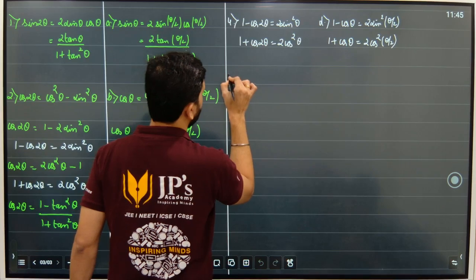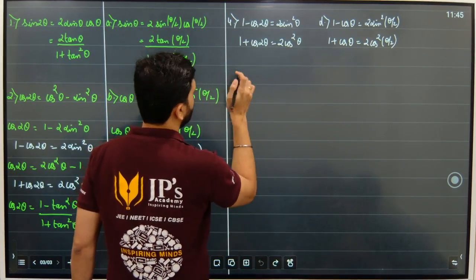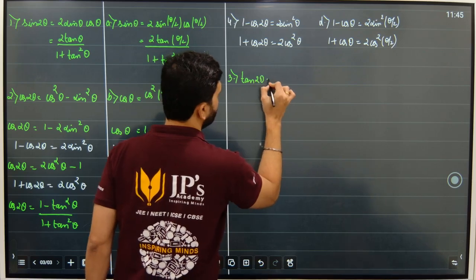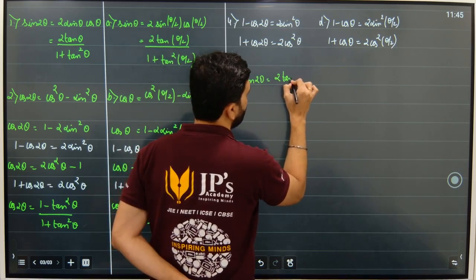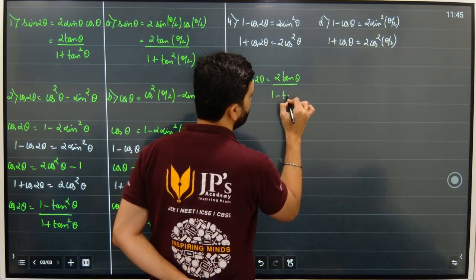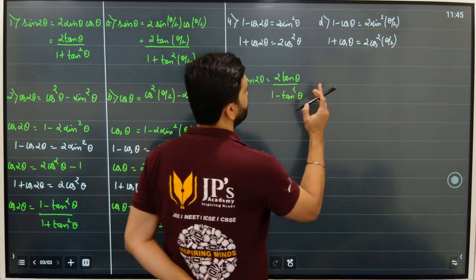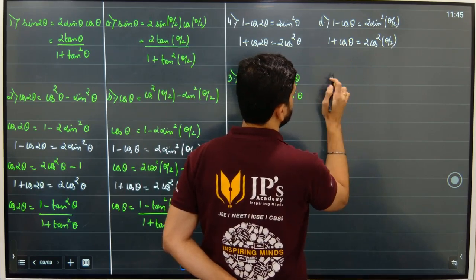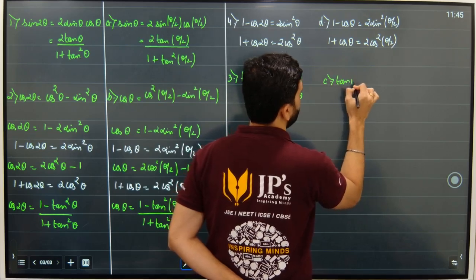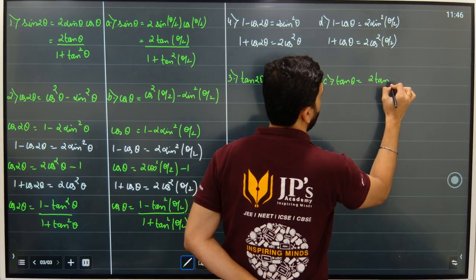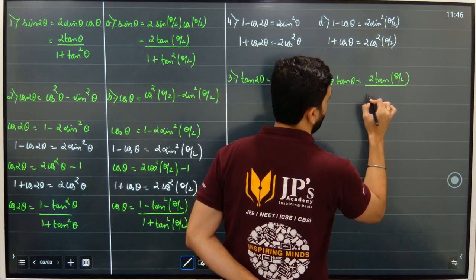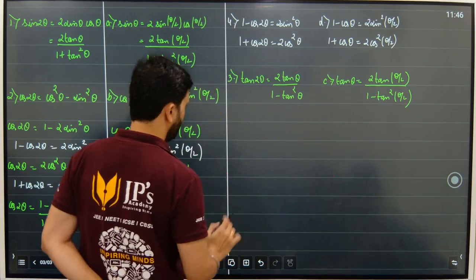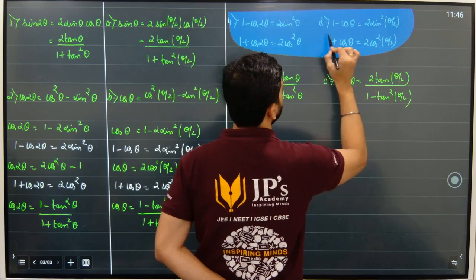The third set of formulas where I will write tan 2 theta is equal to 2 tan theta upon 1 minus tan square theta, and the C part is going to be tan theta is equal to 2 tan theta by 2 upon 1 minus tan square theta by 2. So let's do one thing, I will write the positioning basis for this, so it becomes easier for you to write it.